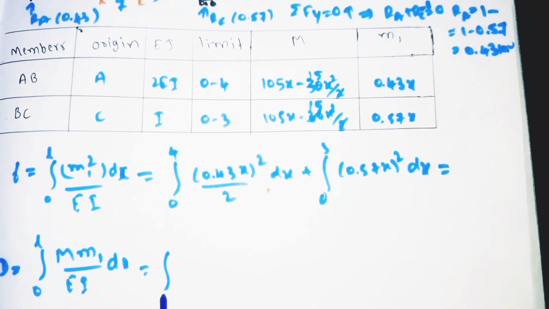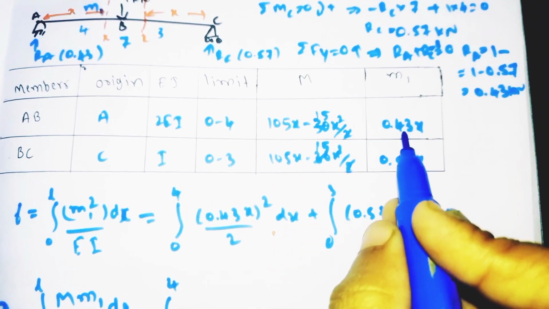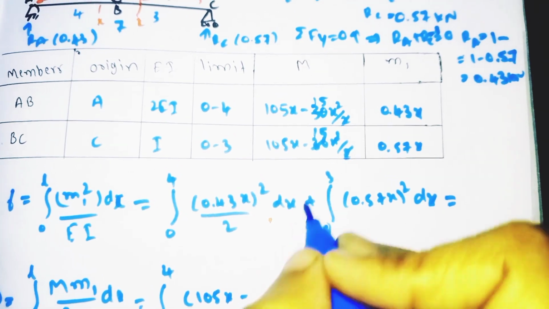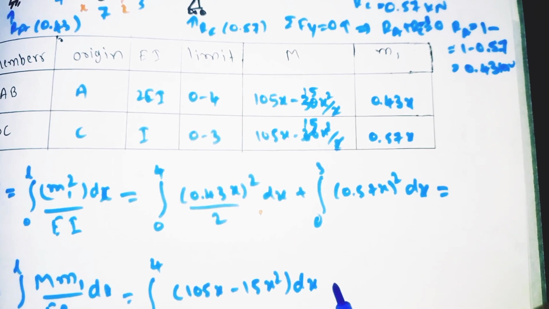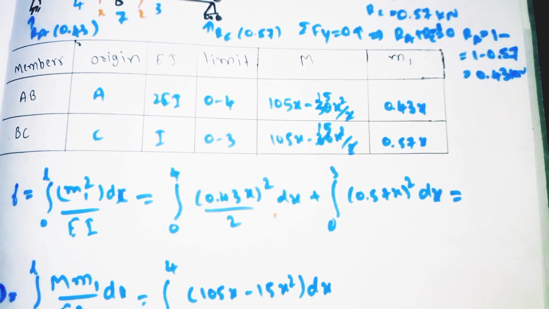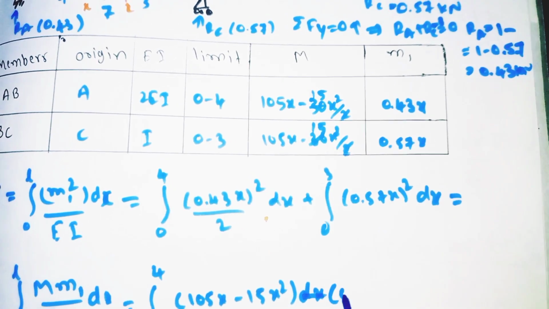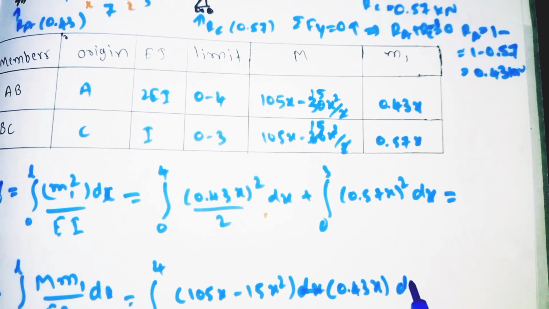For D, integration for AB with limit 0 to 4 of M into m1. So M is 105x minus 15x square, into m1, which we need to write as 0.43x, into dx.